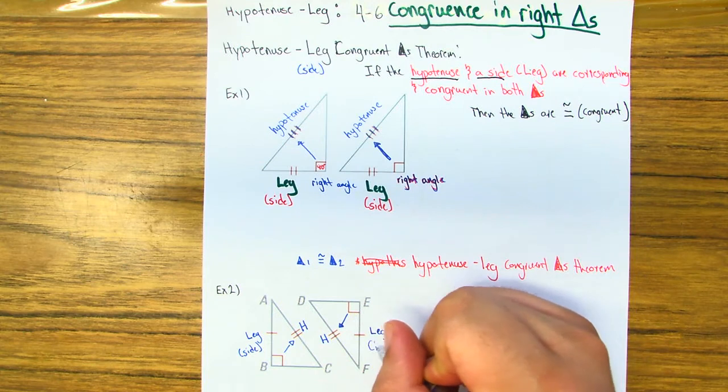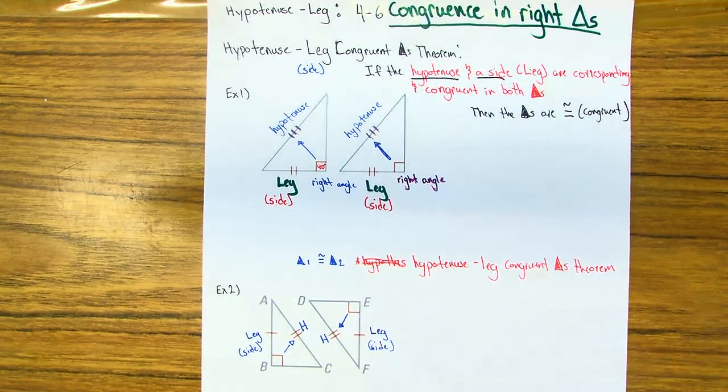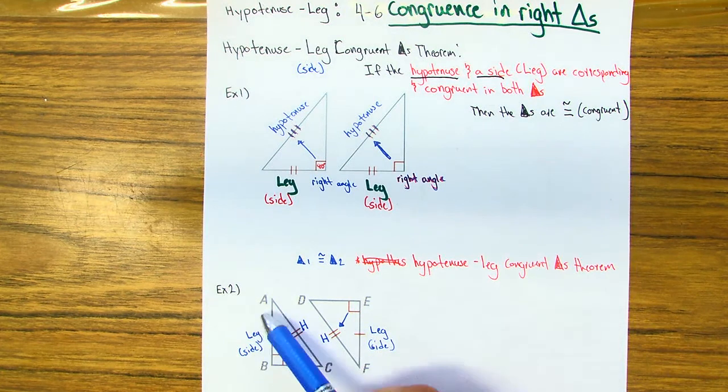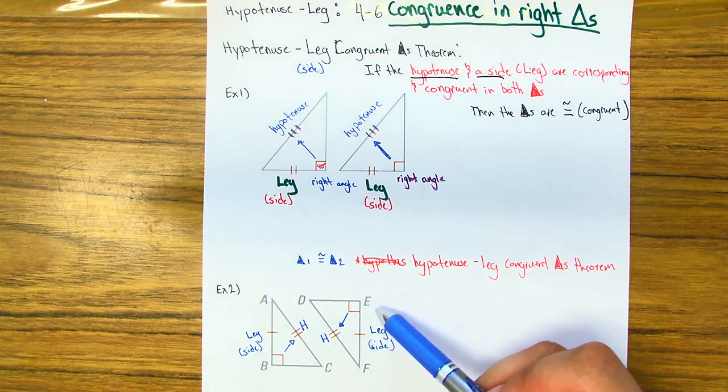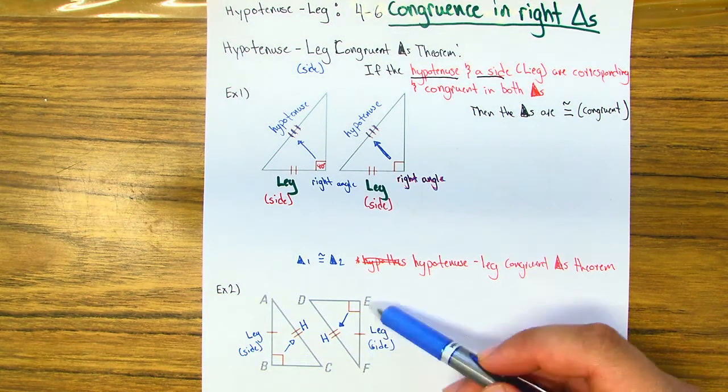It's just based on the theorem, and it's another way to name a side as a leg in a triangle. So now we have a hypotenuse that's congruent and corresponding in triangle 1 and triangle 2. And in triangle 1, AB is congruent to segment EF, which is also corresponding because they're both the long legs of the triangle.